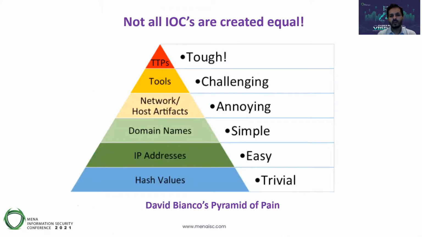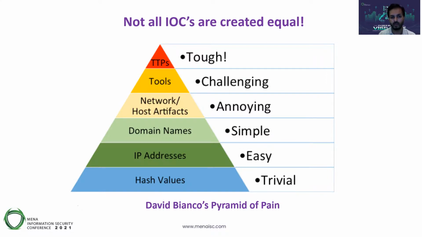So not all IOCs are created equal. There's David Bianco's pyramid of pain. He basically says that when you identify by way of IOCs, for example, hash values, IP addresses, domain names and the like, that's relatively easy and not as painful for the attacker because they can easily change them. So when you start targeting the TTPs at the top level, that becomes painful for them.